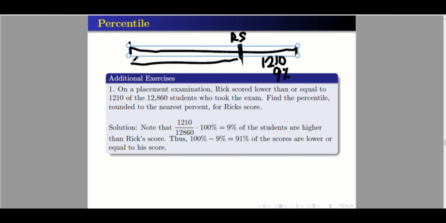So to get the percentage to the left, we can just subtract 9% from 100%. So 100% minus 9% is 91%. So therefore, the percentage here is 91%. So meaning the percentile of Rick's score is 91, or at the 91st percentile.